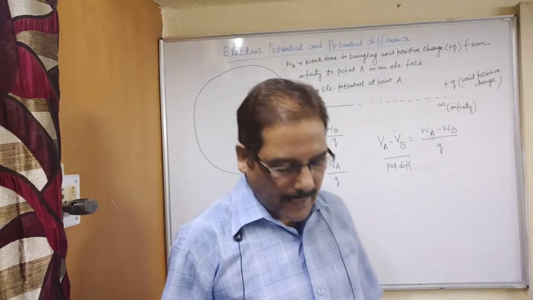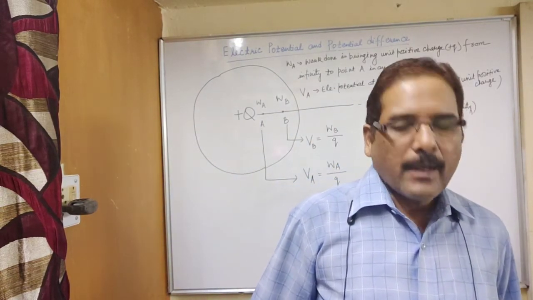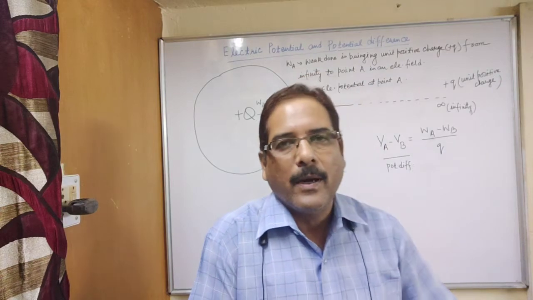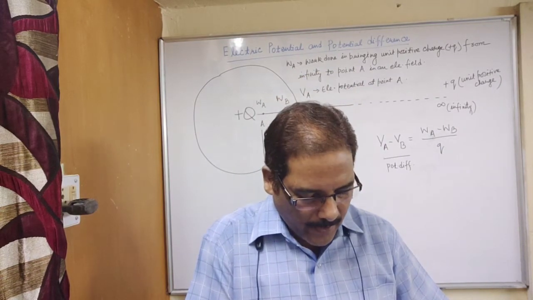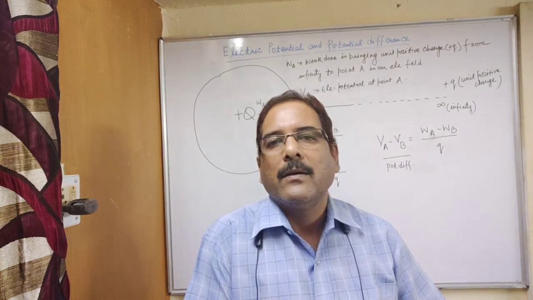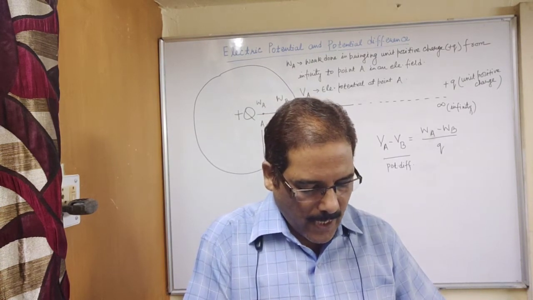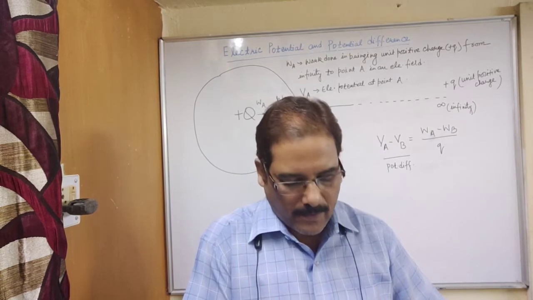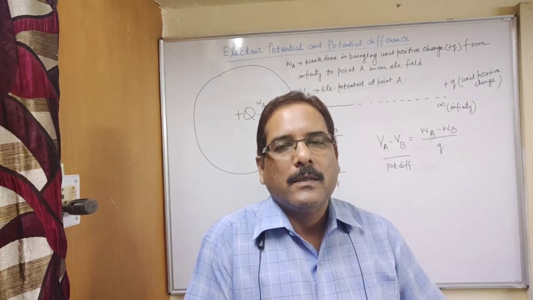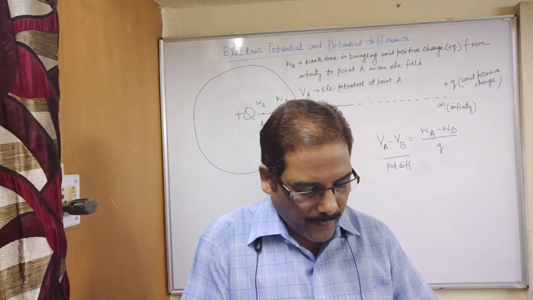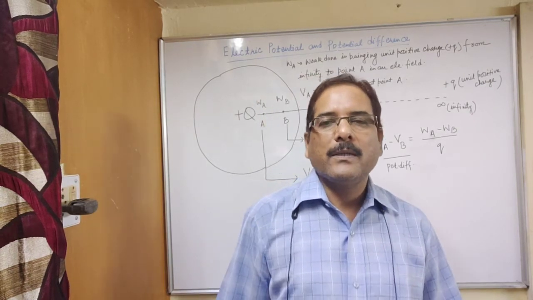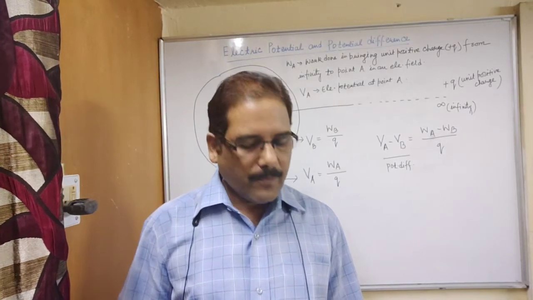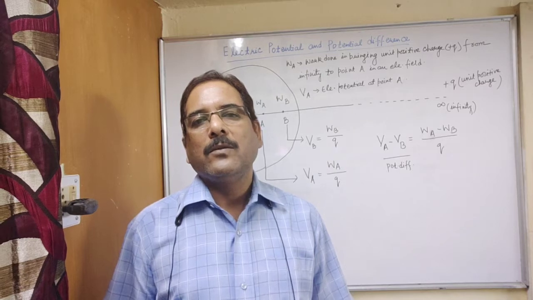Now write these lines, children. The electric potential at a point in an electric field is defined as the work done in moving a unit positive charge from infinity to that point.